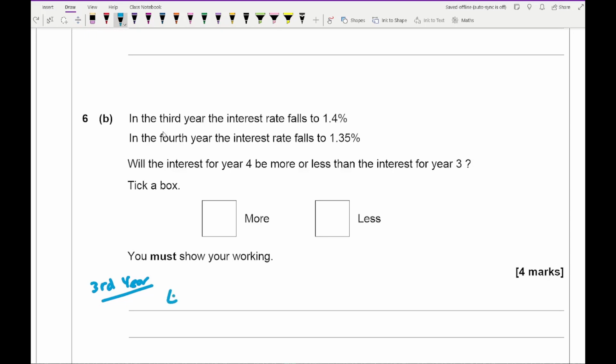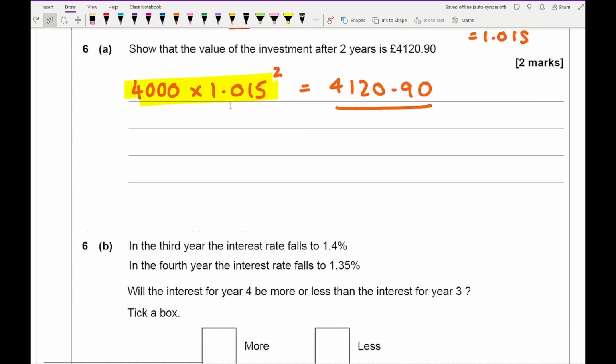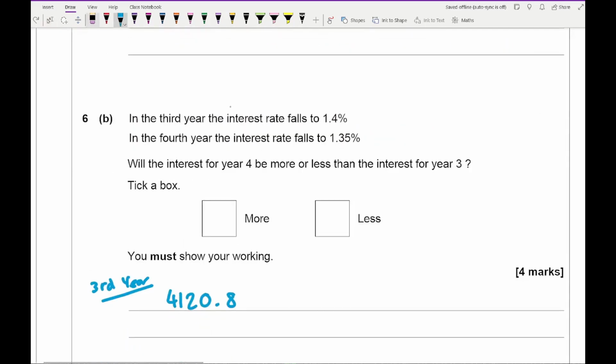So in the third year I've got 4120.9, I think it was, let me just double check, 0.9. And if I multiply that by the interest rate, that's going to be 1.014, and actually what we want to do here is work out the interest amount.